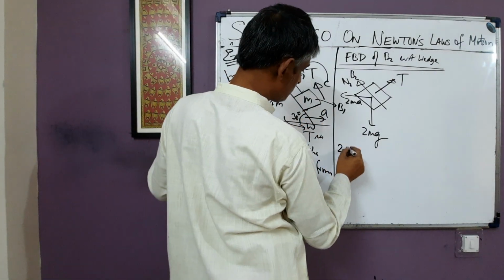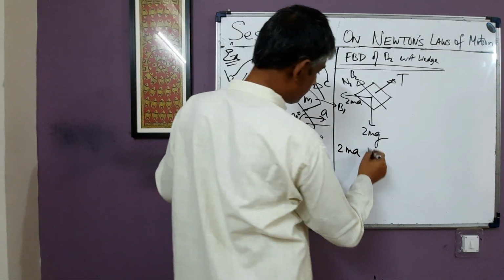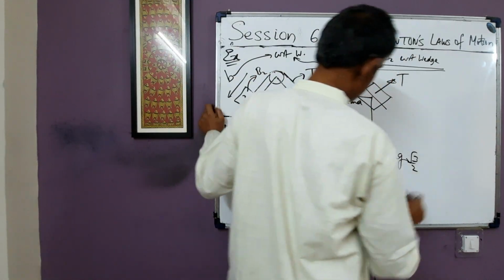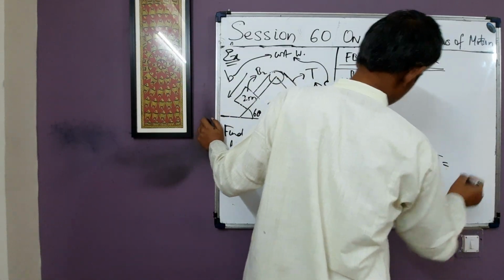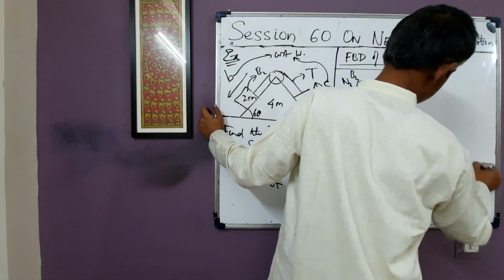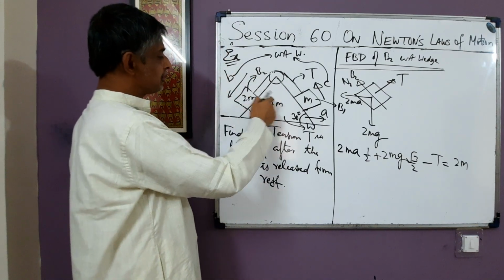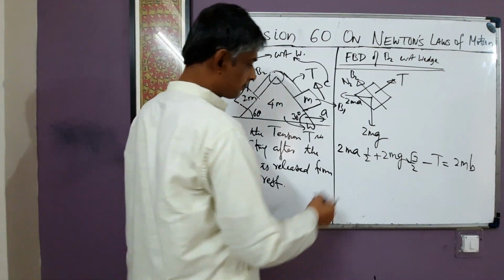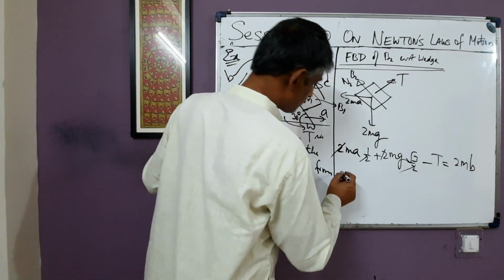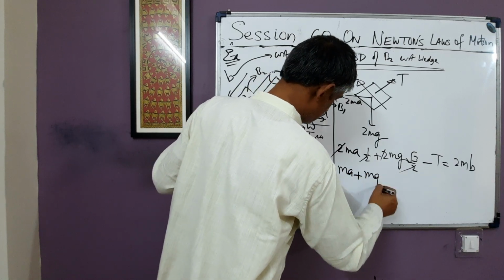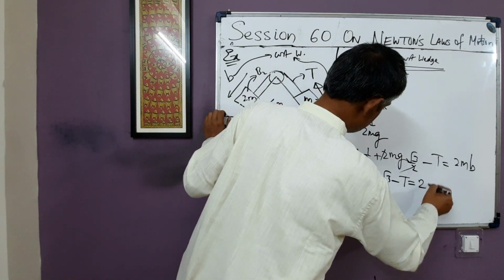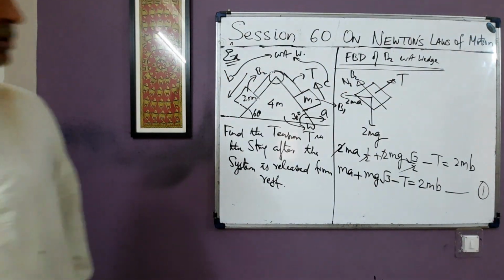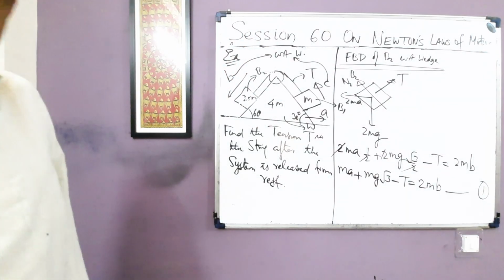So: 2mA cos 60 degrees, which is 1 by 2, plus 2mg sin 60 degrees, which is root 3 by 2, minus T is equal to 2m times the acceleration of B2 with respect to the wedge down the incline, which is simply B. You can simplify it slightly, so it becomes mA plus mg root 3 minus T equals 2mB. This is the first equation which I have obtained.